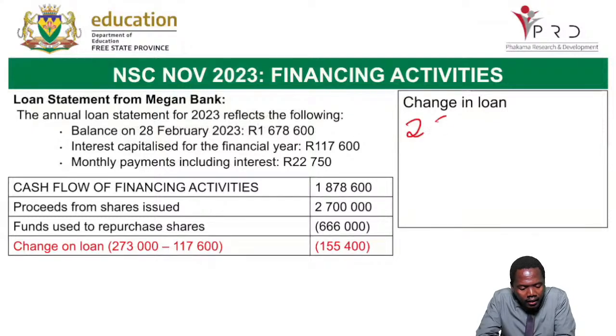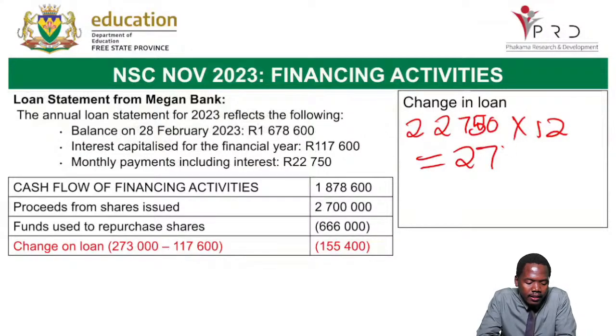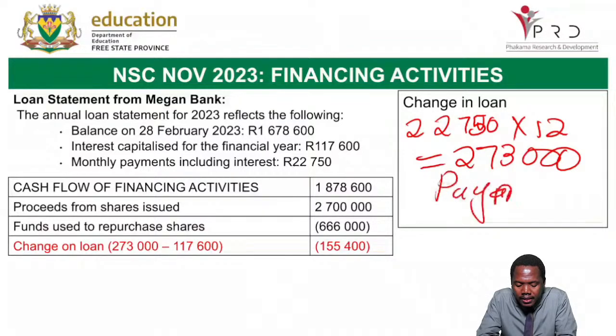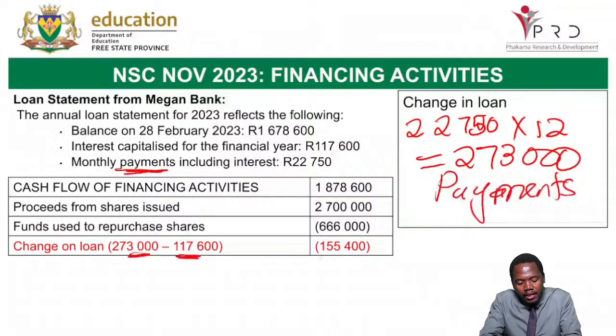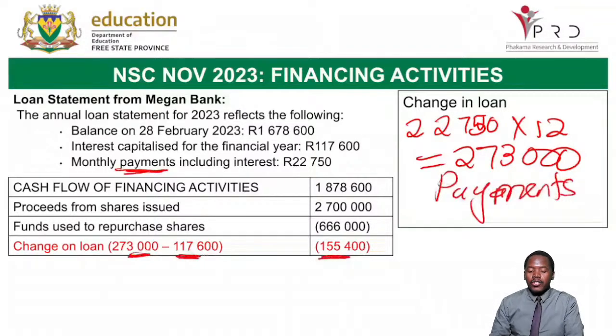We say the monthly installments of 22,750 multiplied by 12, we get the 273,000. These are our payments as stated here. Monthly payments include interest of 22,700. So now we can say monthly payments minus interest, and then we get our change in loans.